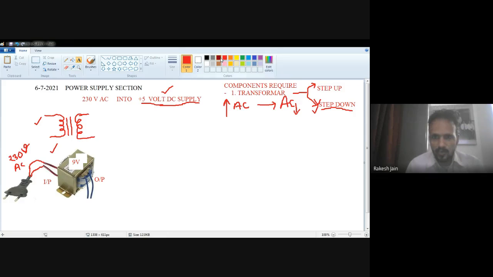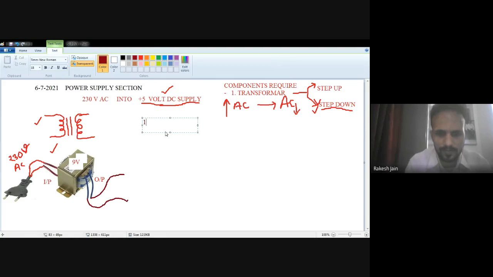These are the 2 pins of the transformer. This is one pin, this is the second pin of the transformer. Now, because I have to build a 5 volt DC supply, I have to use a 1000 microfarad capacitor, 60 volt or 45 volt is enough.